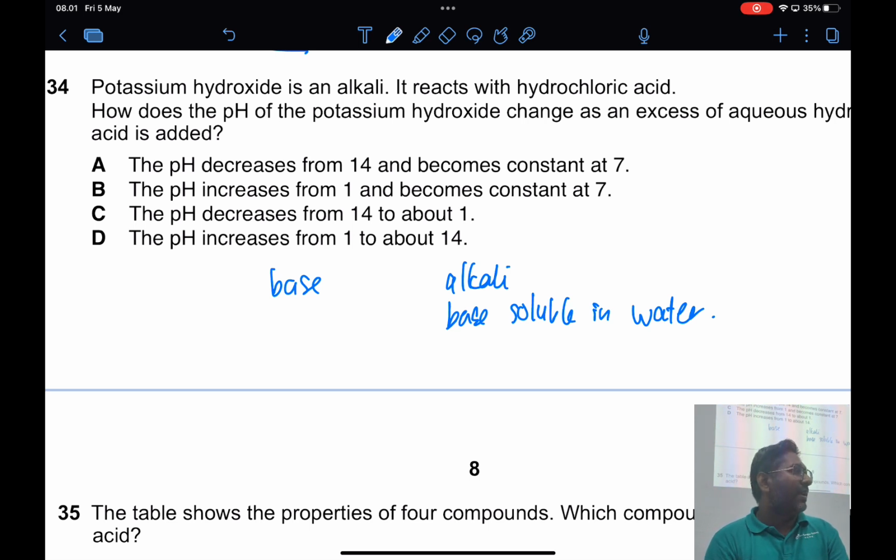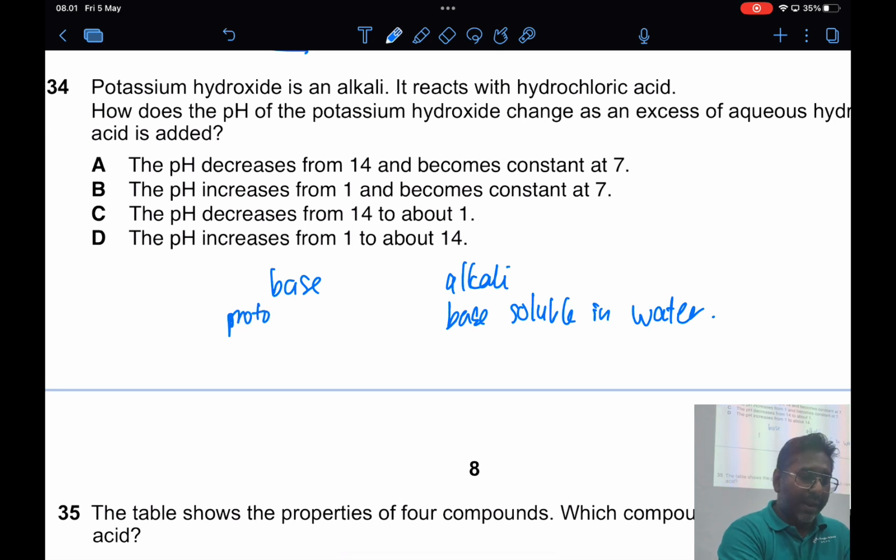So I'll write down over here: proton acceptor, and then base is anything that reacts with acid to give you salt and water.